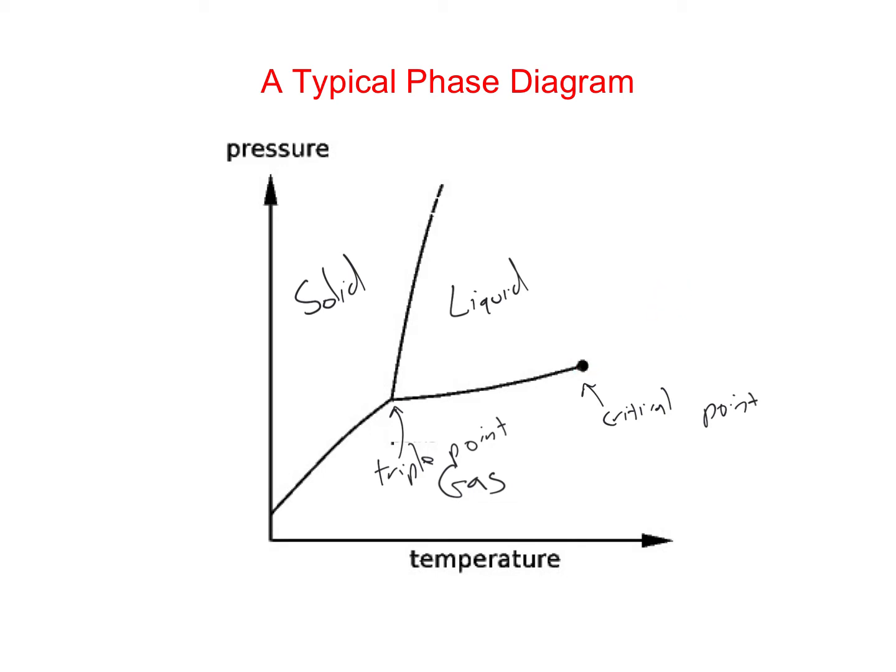It's sort of a new state of matter, or a different state of matter between a solid, liquid, and a gas, sort of a hybrid between a liquid and a gas. And so it's sort of an unusual fourth state of matter when we get to temperatures and pressures beyond the critical point.